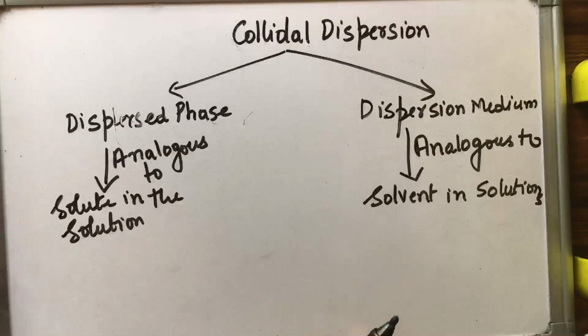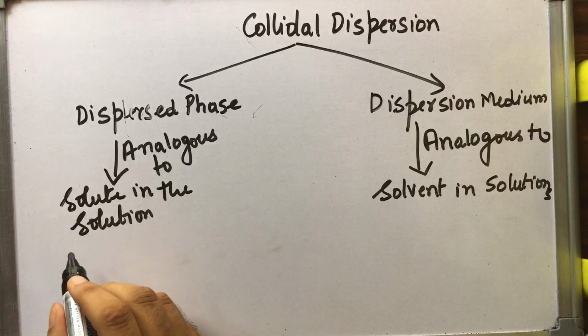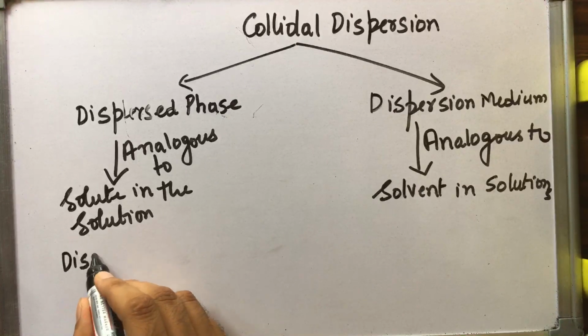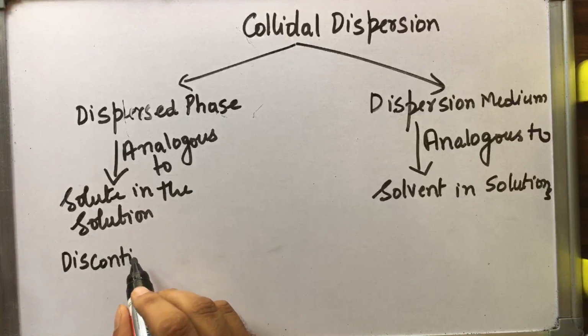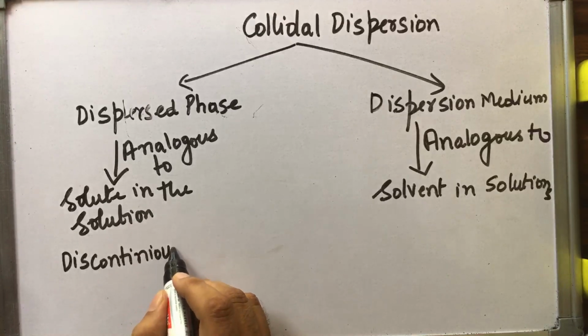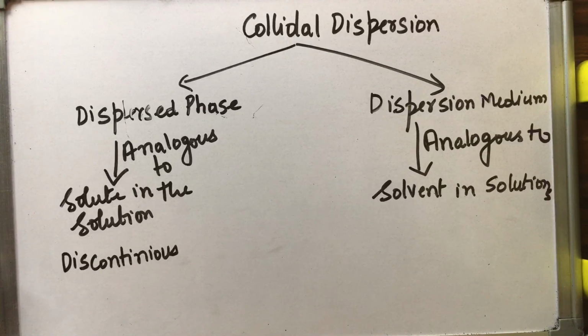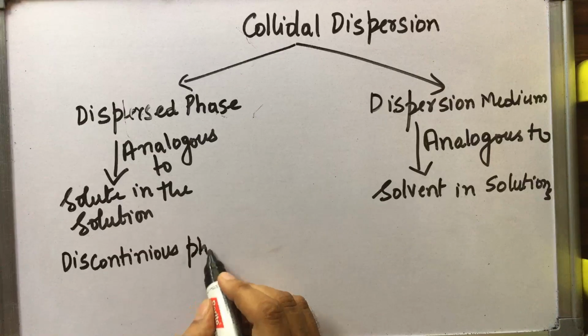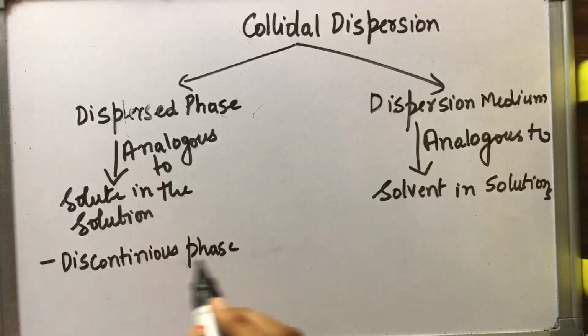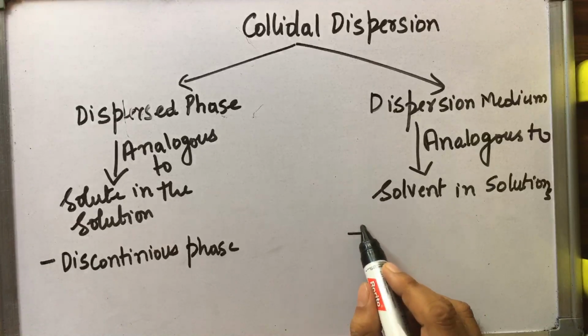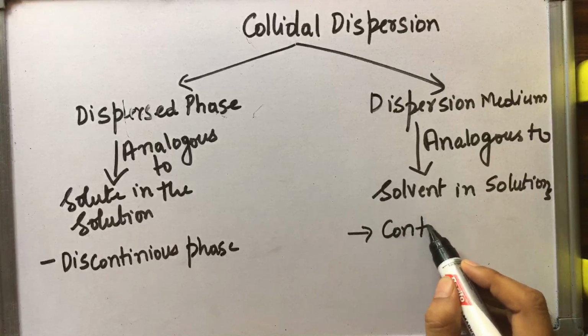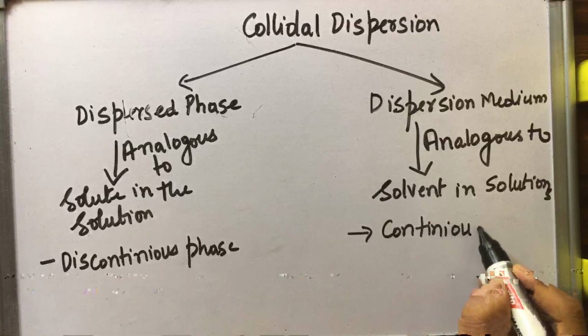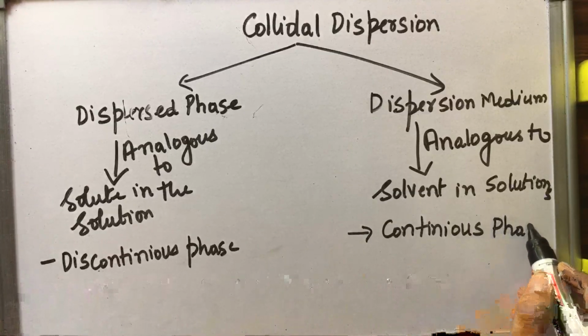It is said to be a discontinuous phase. And dispersion medium is said to be a continuous phase.